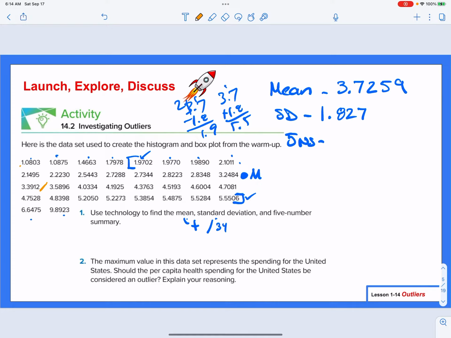I have my minimum value, I have my maximum value, and I have my median number, which is going to be right there between 3.3 and 3.5, right? So we're going to say our minimum is 1.08. Our median, I'm just going to estimate it for now, is about 3.4. It's between those two there. Our maximum is up here at 9.8.